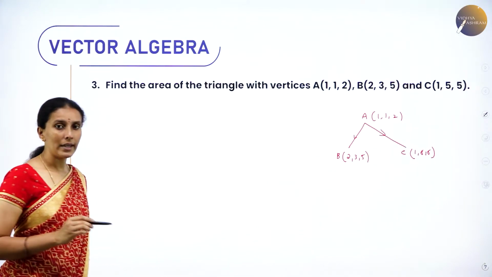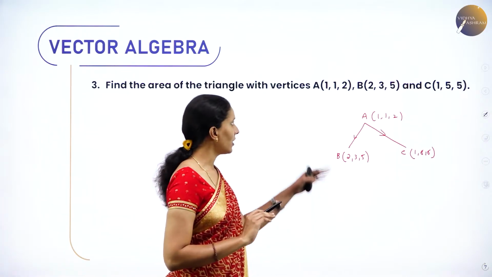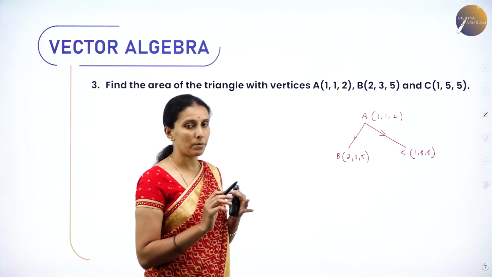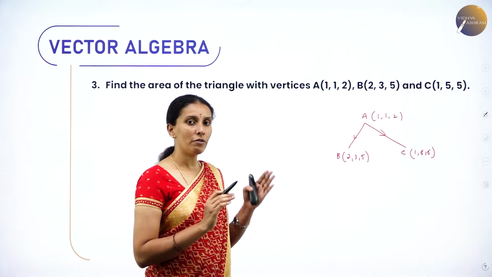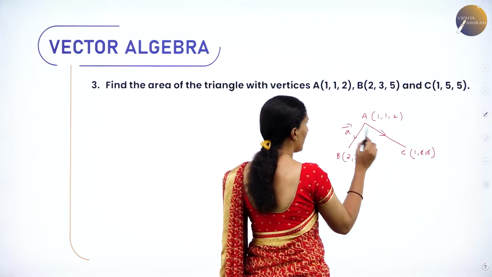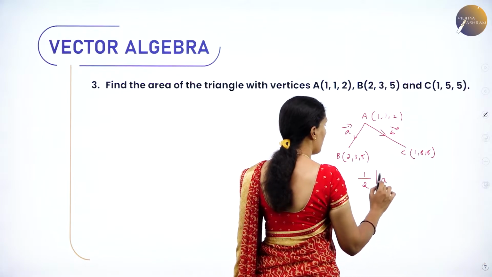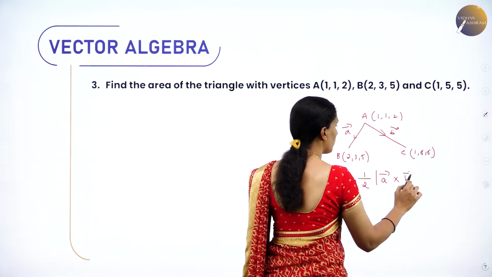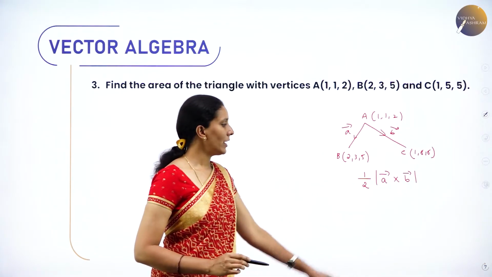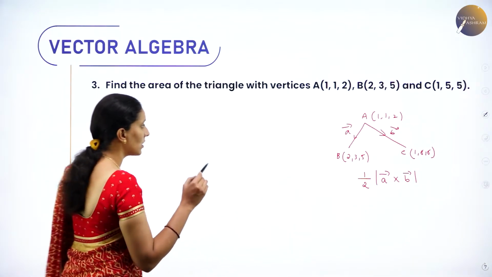And we know that area of triangle whose any two sides in the form of vectors, vector A, vector B are given, it is half of magnitude of A cross B. So if I take this as vector A and if I take this as vector B, then it is half of magnitude of vector A cross vector B. So before finding A cross B, we need to find out what is vector A. So that is AB.